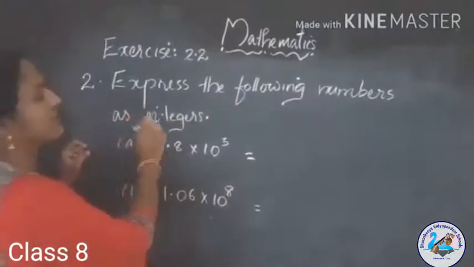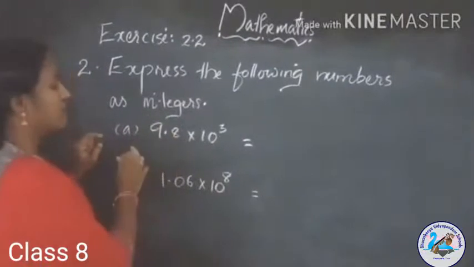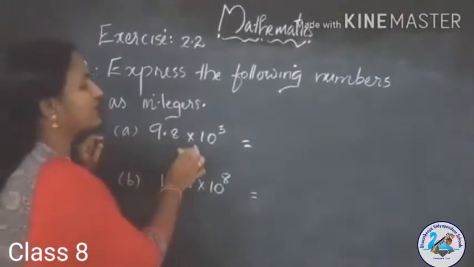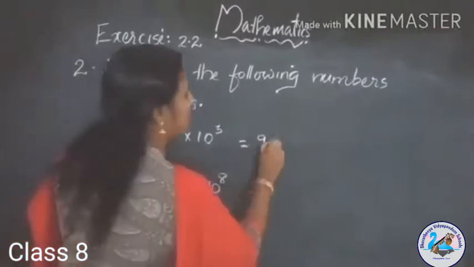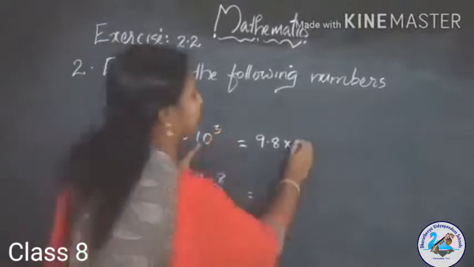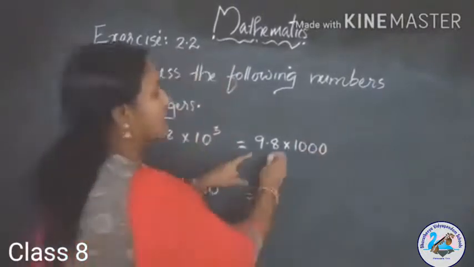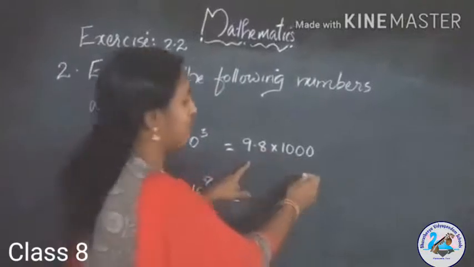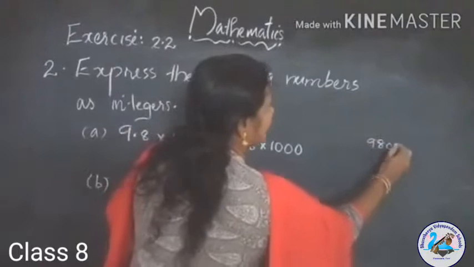Second question, express the following numbers as integers. Option A, 9.8 into 10 raised to 3. 10 raised to 3 means 10 multiplied 3 times, so 1000. First ignore the decimals and multiply the numbers, so 9830.